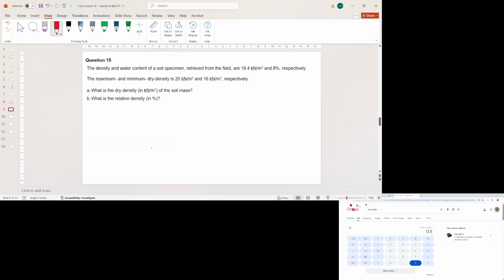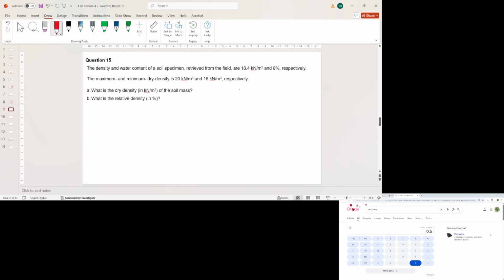Now coming to the next question, on density and water content. Density and water content of a soil specimen retrieved from the field are 18.4 kilonewton per meter cube and 8% respectively. The maximum and minimum dry density is 20 kilonewton per meter cube and 16 kilonewton per meter cube respectively.